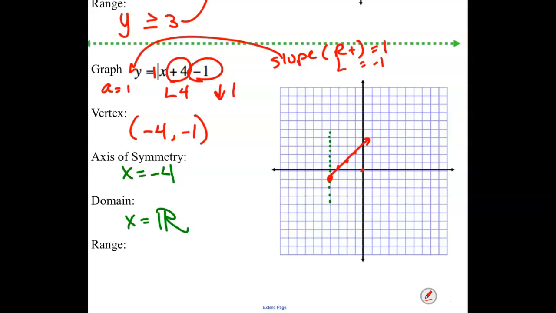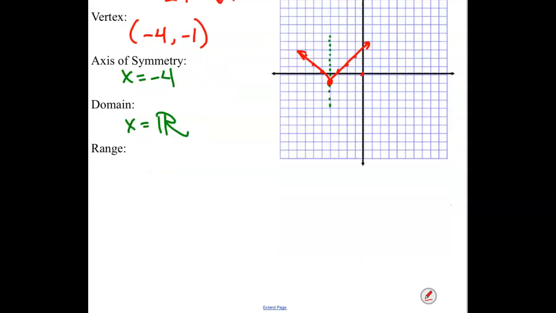And then for the other one, I'm going to go up 1 and left 1 to get the left side of that. So my range, you'll notice that the lowest I get is -1. That's my cutoff. So my range is going to be y has to be greater than or equal to -1.